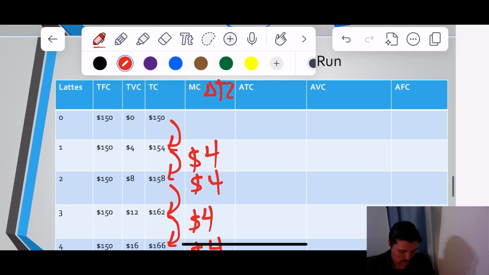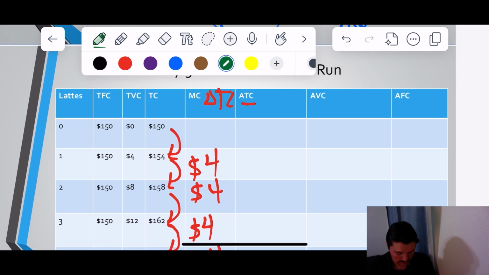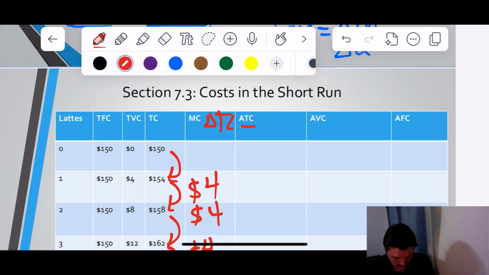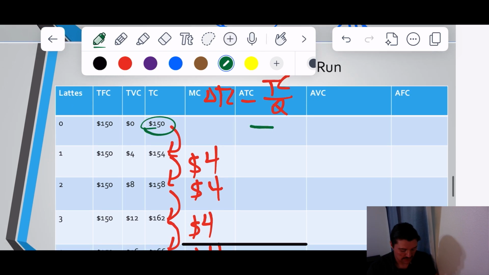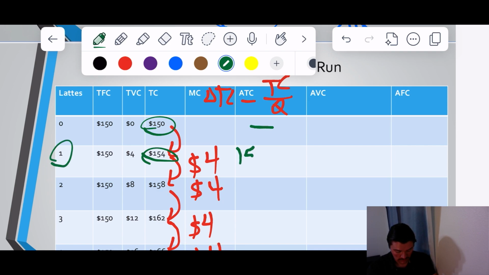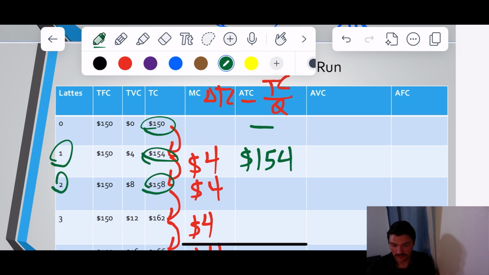Okay. Average total, we're going to be using the total cost and dividing it by the quantity. So we need the total cost and the quantity. Because we can't divide by 0, we're going to skip that one. We'll take the total cost and divide it by the quantity. So that's 154 divided by 1, and that should be 154. For the next one, we have 158 and 2. So we'll take 158 and divide it by 2, and that should be 79.